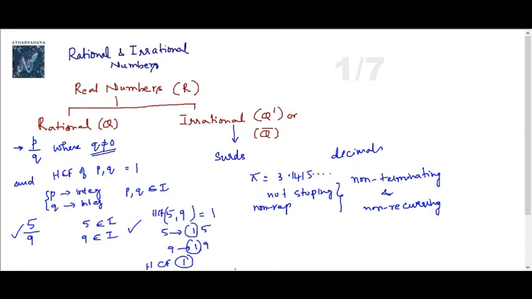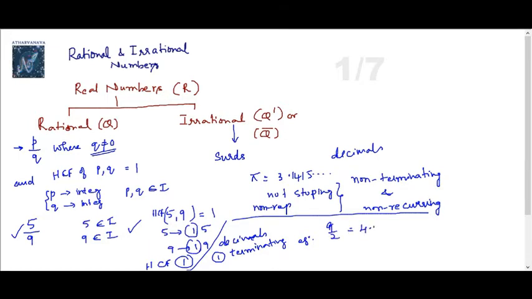On the other side, if you find rational numbers, you can see the decimals are actually either terminating. One is they should terminate. Example, say for instance 9 by 2. 9 by 2 is 4.5, that's all, it stops there.